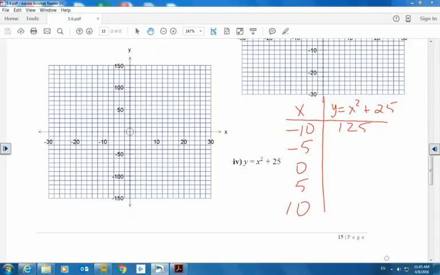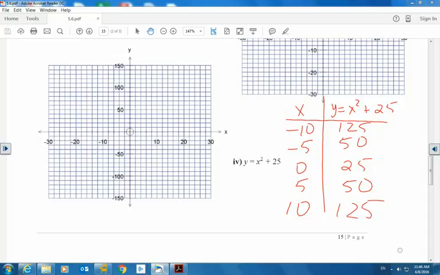What's my next x value? Negative 5. What is my y value for negative 5? 50. What is my y value for 0? 25. And how about for 5? 50 and 125. All right.